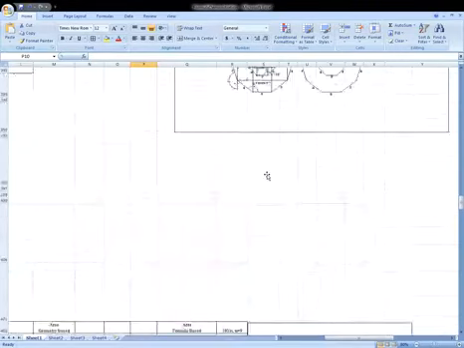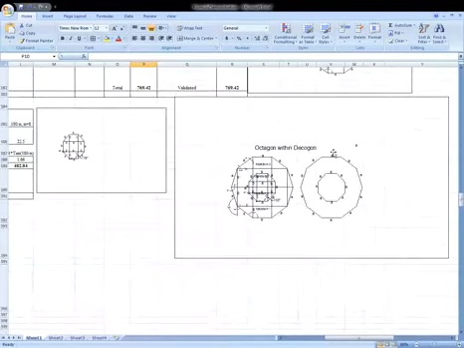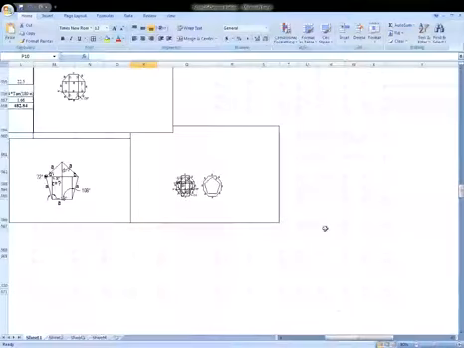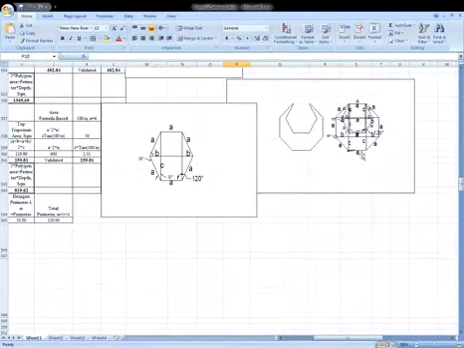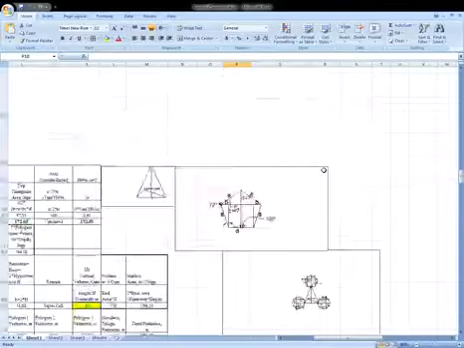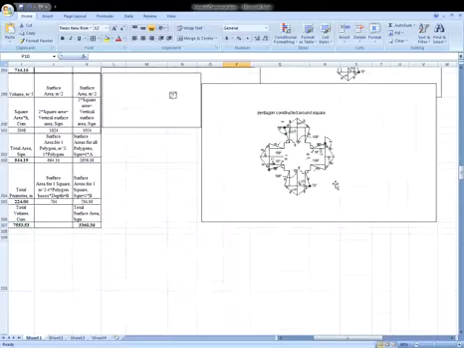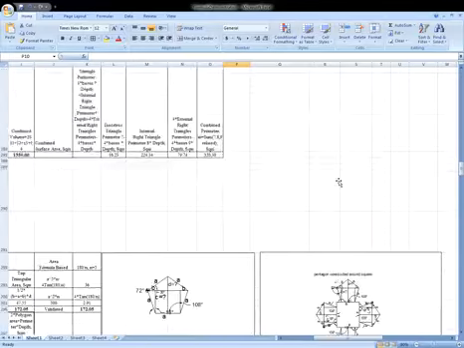Like this, previously many shapes were there. You can see these shapes all are here that we worked out, and various shapes worked out like this.